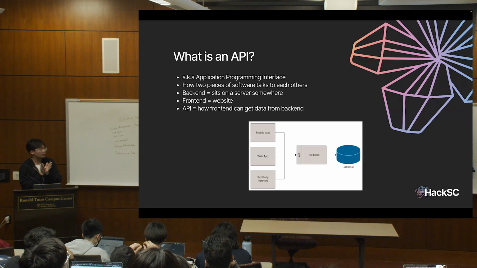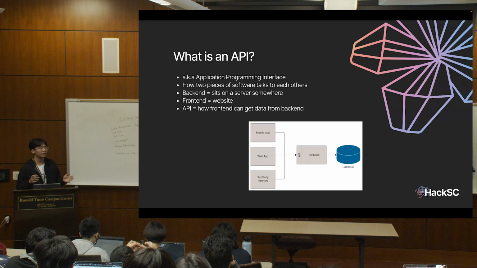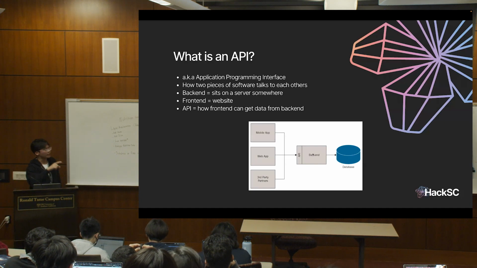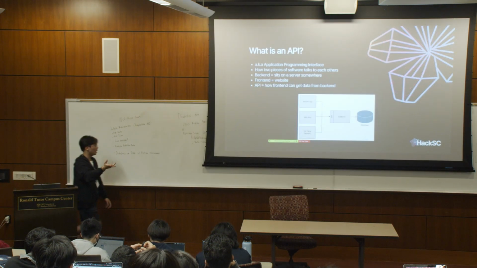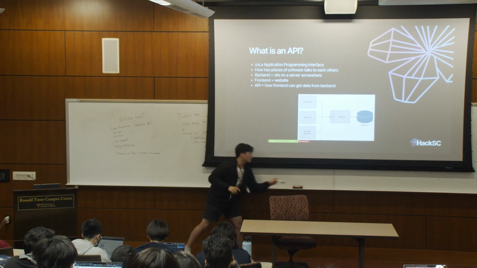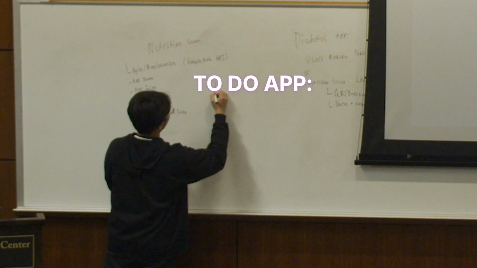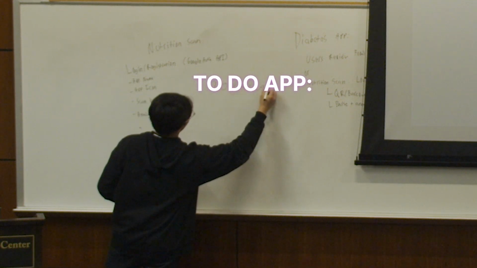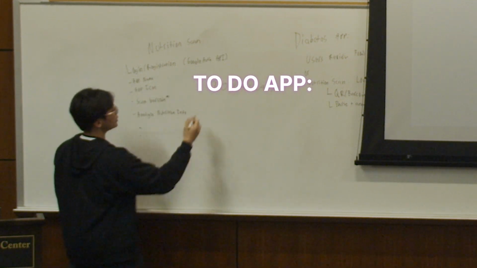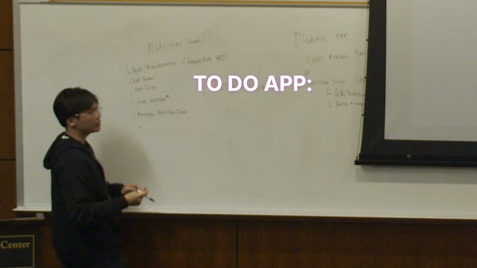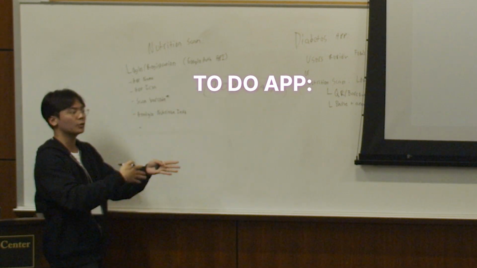What it does is provide several ports for you to use, and those are called endpoints. They're basically like URLs. Say, for example, you have a to-do app, and what you want to do is expose services, and those are called endpoints.